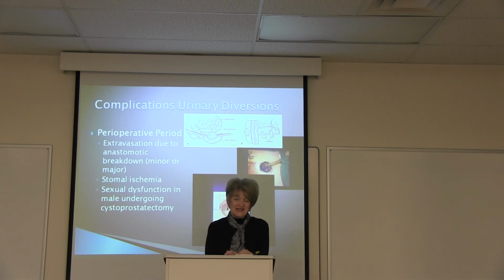Stripping too much of the mesentery when you are getting ready to make the stoma, or throwing a little clot to a mesenteric vessel that causes necrosis of the stoma, or massive edema of the stoma that compresses the little vessels and causes stomal ischemia and necrosis.